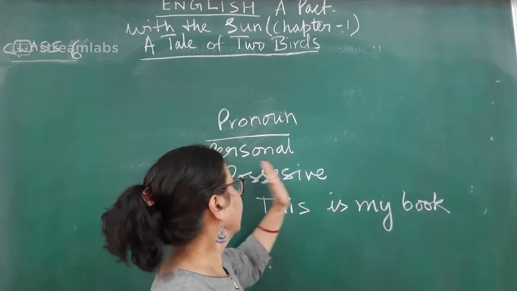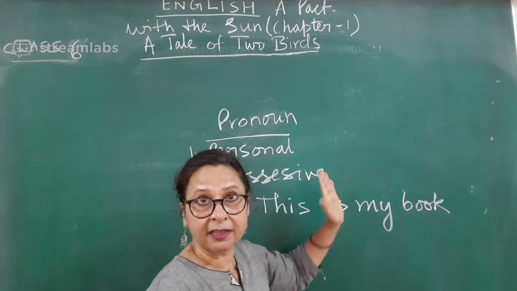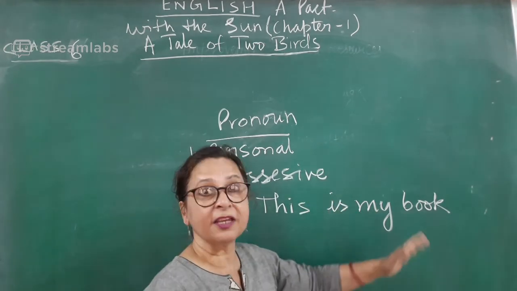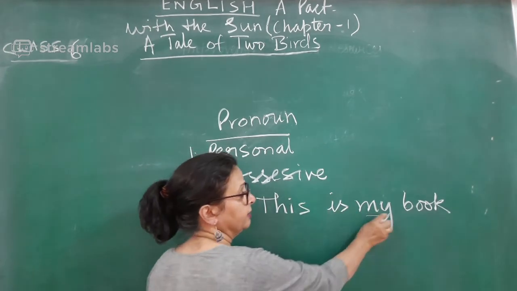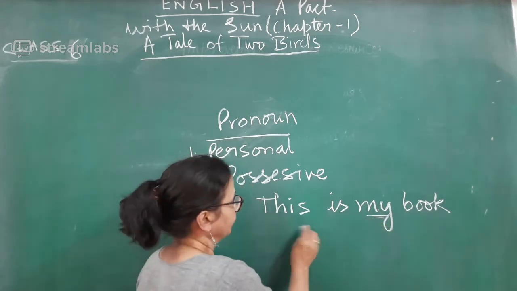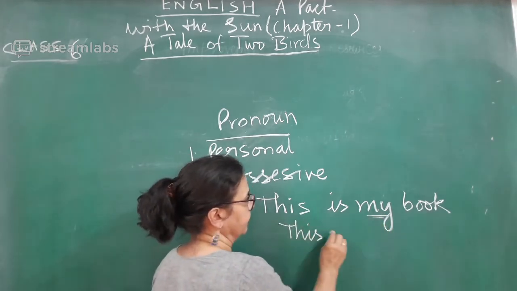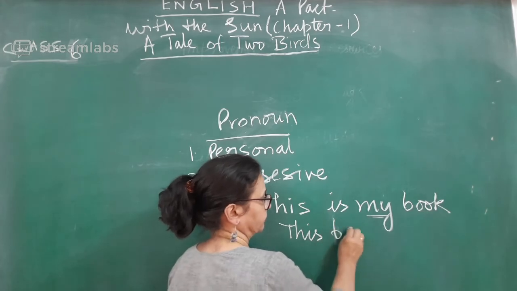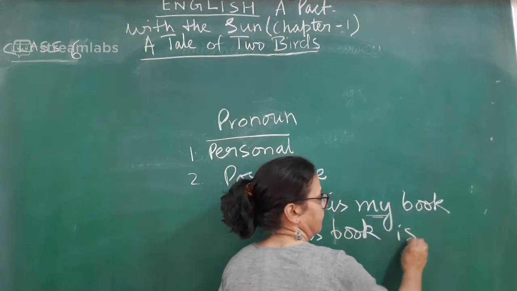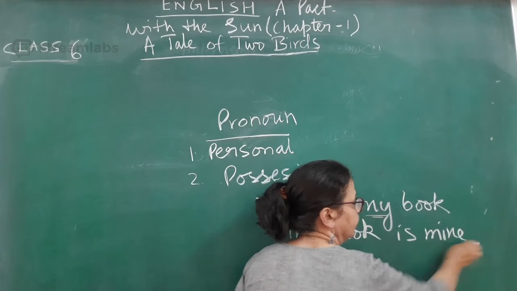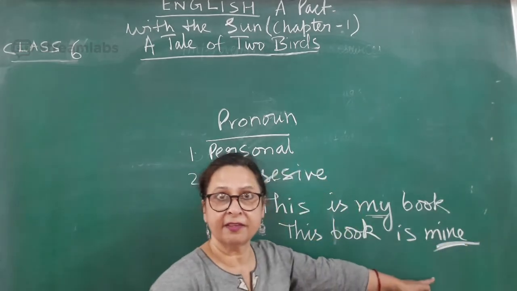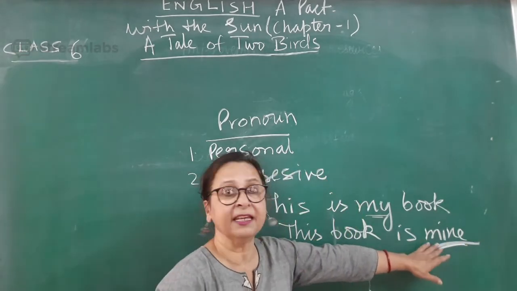Personal is clear; possessive shows possession. Here, my is not a possessive pronoun. The possessive pronoun will be: this book is mine. So here mine is possessive, it's showing possession.